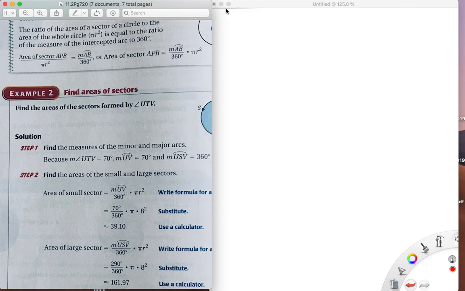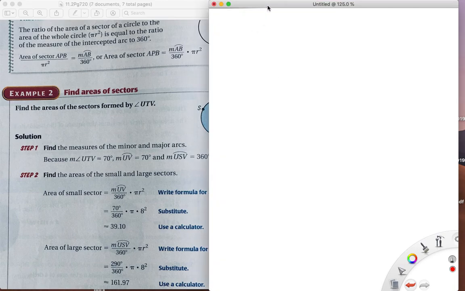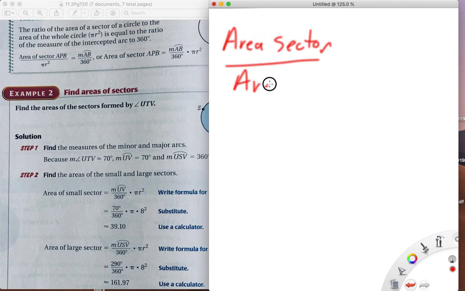So the area of the circle, actually that's wrong, the area of the sector of the circle over the area of the circle is equal to the arc length in degrees, I'll just put the arc, over 360 degrees, which is the degrees of a whole circle.